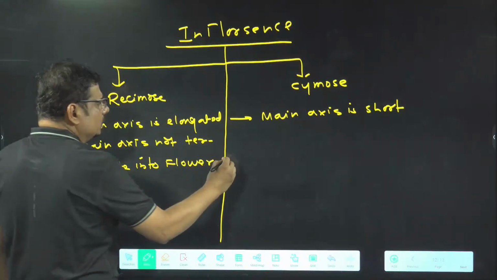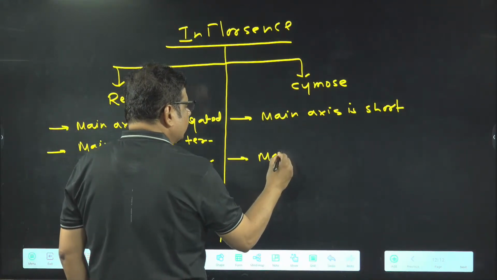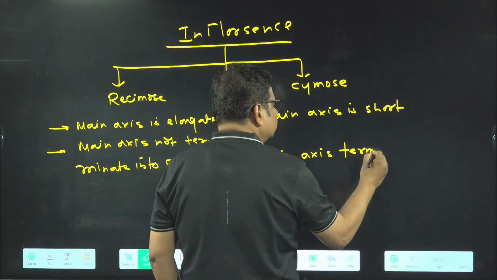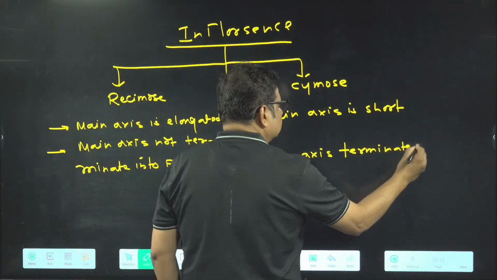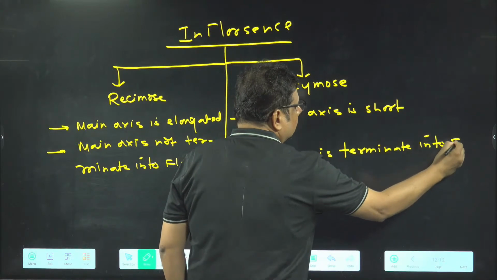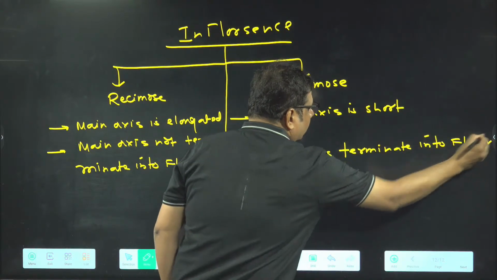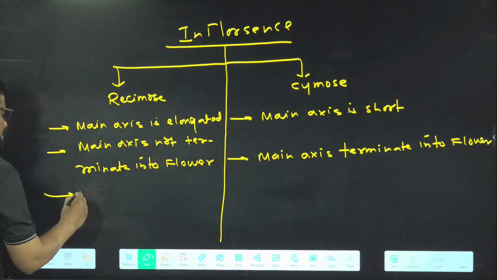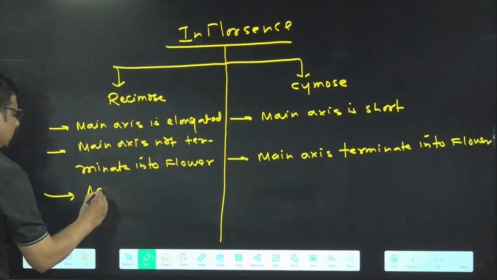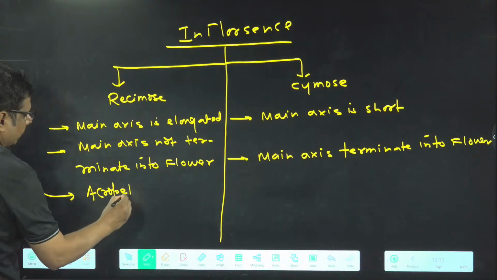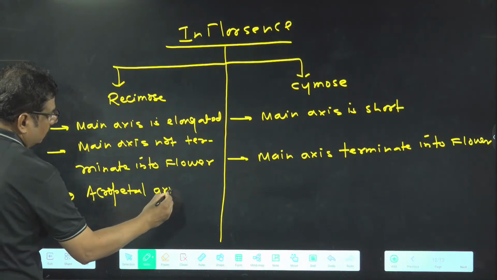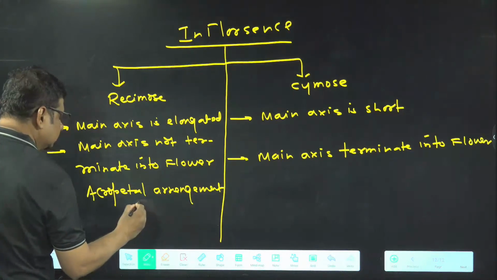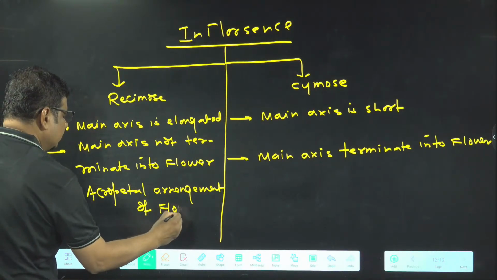In cymose, the main axis terminates into flower. Acropetal arrangement of flower in case of racemose.